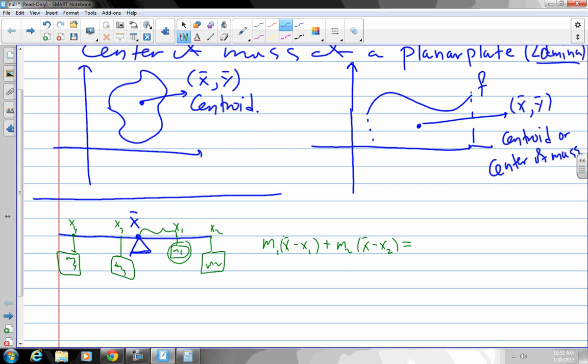That should equal the product of m3 times the distance from the balancing point and m4 times the distance. And again, they probably should have absolute values for distance, but just in case.